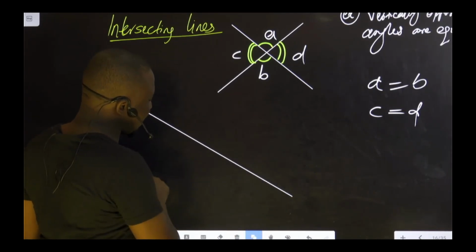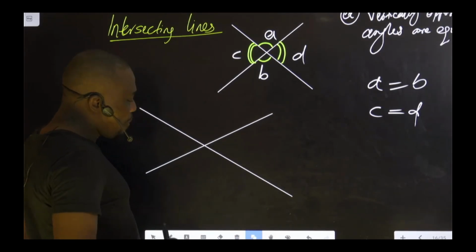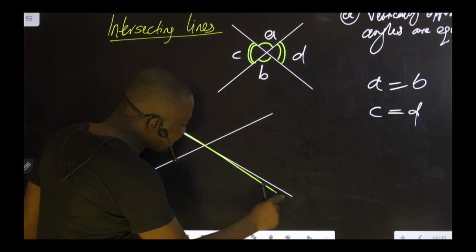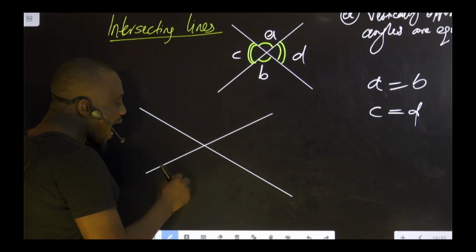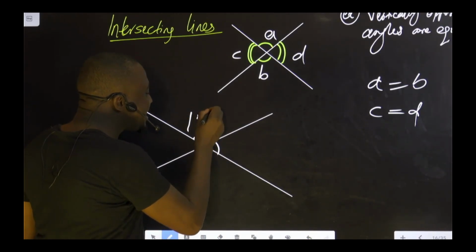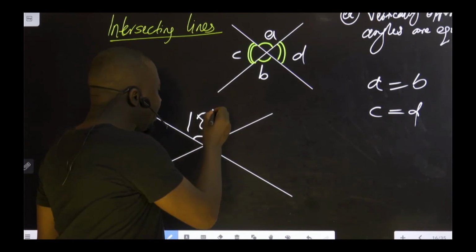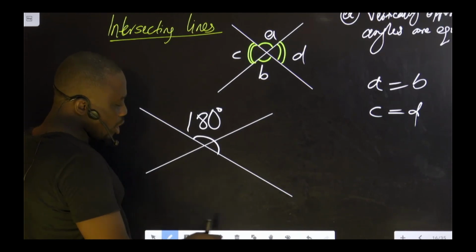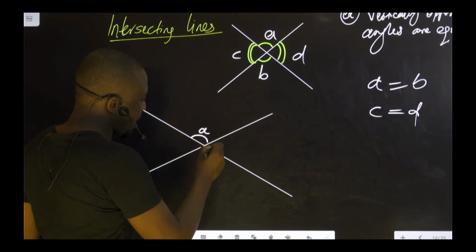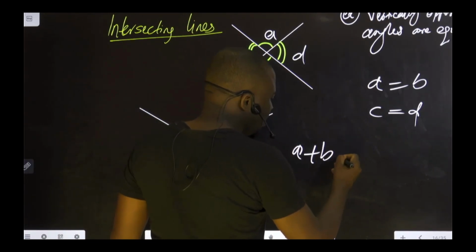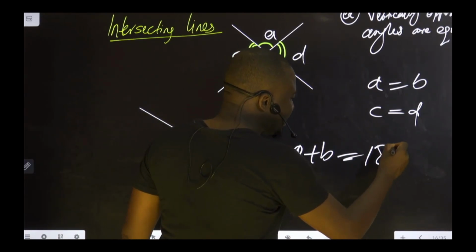Okay? Let's continue with intersecting lines. This line and this line still intersect. But you will agree with me that this is a straight line. Angle on a straight line is 180 degrees. So if I call this A and this B, A plus B equals 180 degrees.